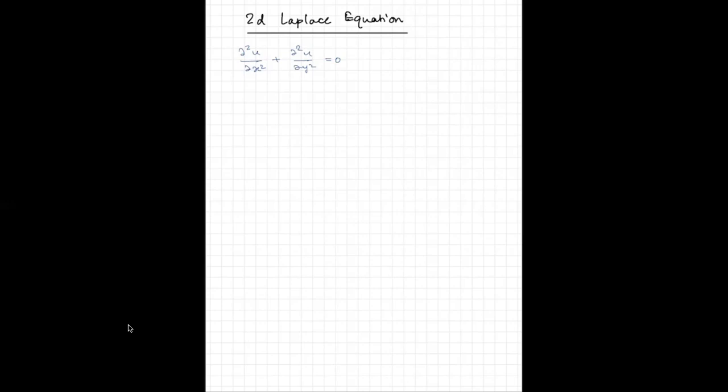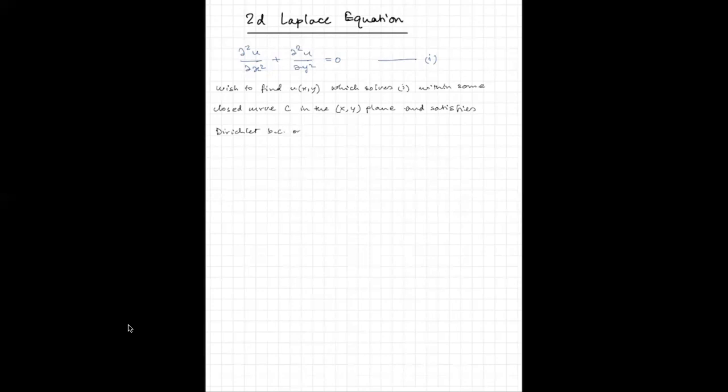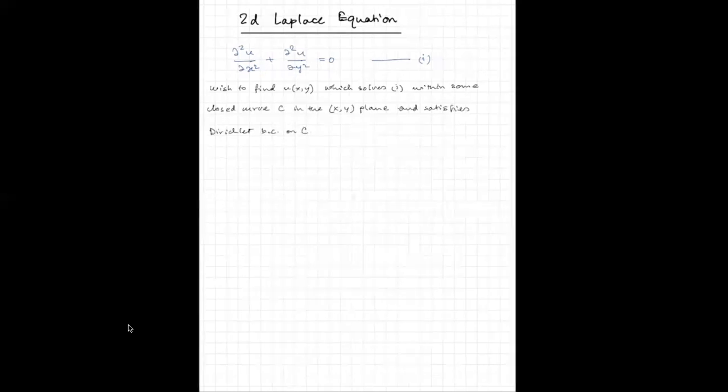We wish to find u of x, y that solves equation 1 within some closed curve C in the xy plane, and satisfies Dirichlet boundary condition on C. Now the point to note is that this is an elliptic equation.